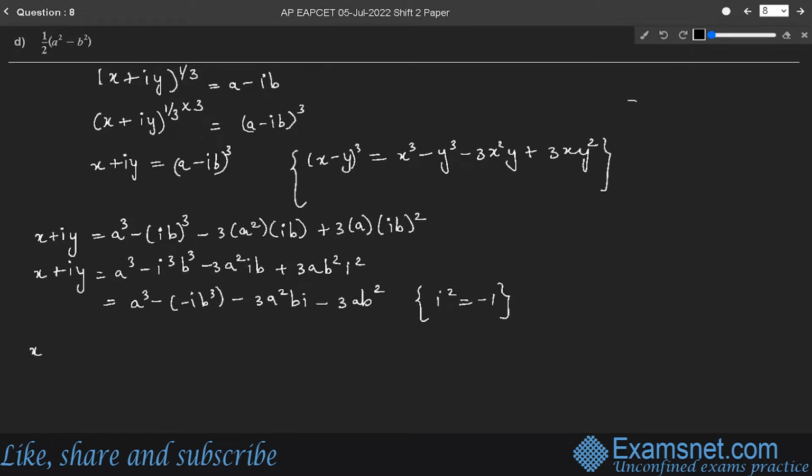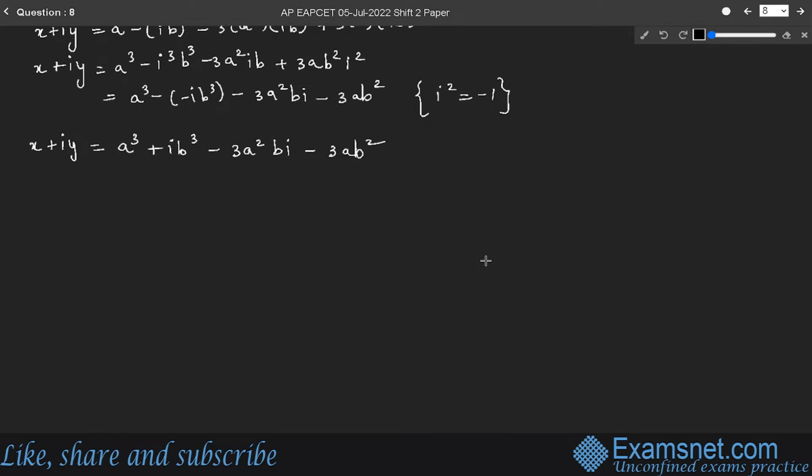So the expression becomes x plus iy is equal to a cube plus i into b cube minus 3a square bi minus 3ab square. Now it can be written as x plus iy is equal to a cube minus 3ab square plus, taking i common, it will be b cube minus 3a square b.